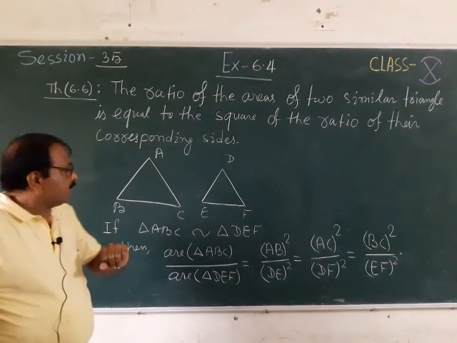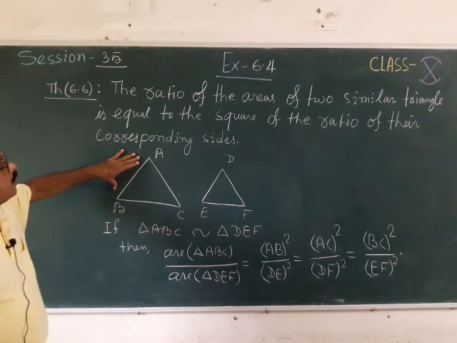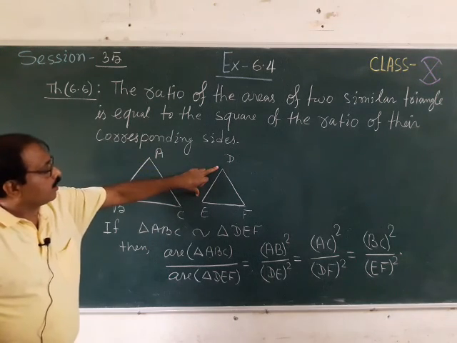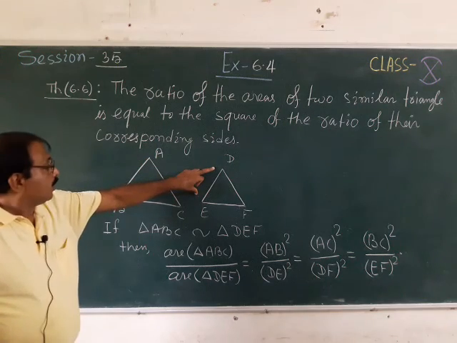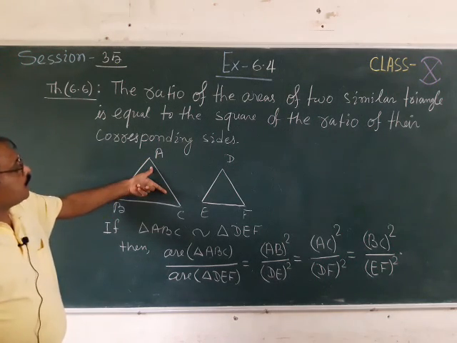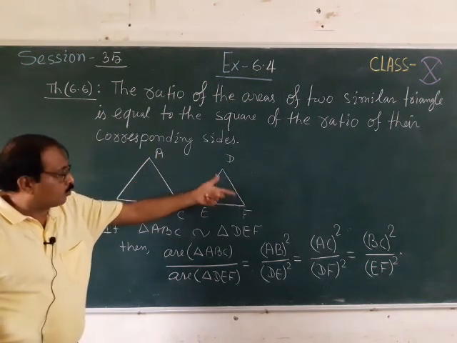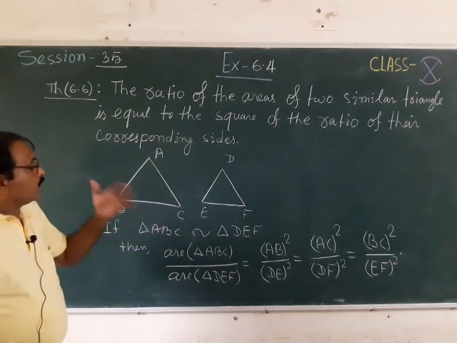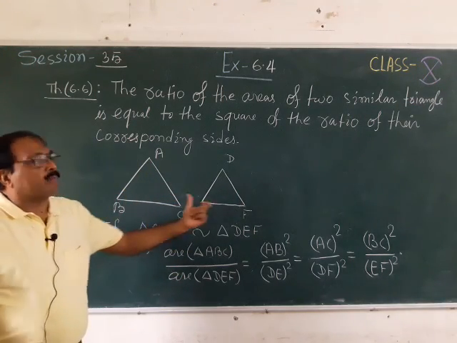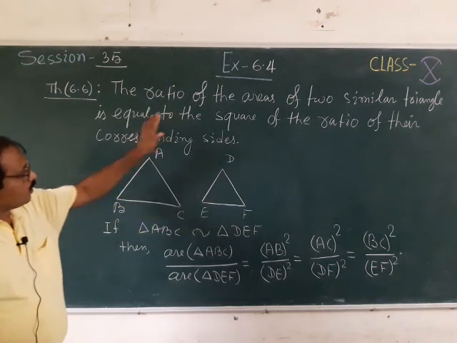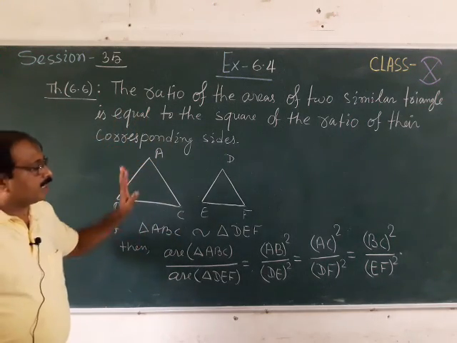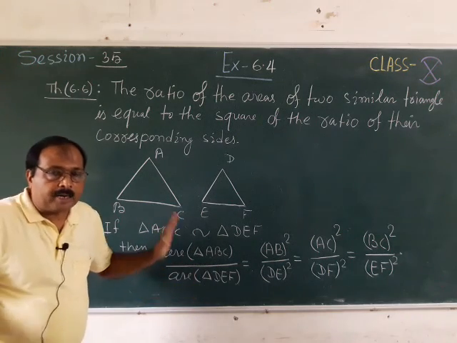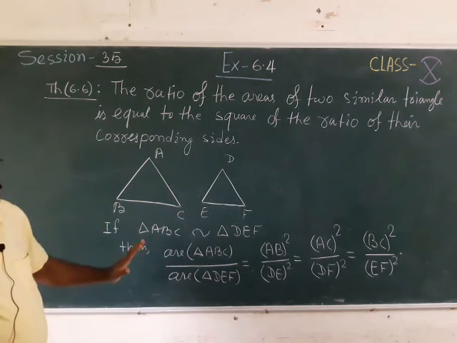So here you can see that side AB corresponds to side DE, and that means AB square upon DE square is always equal to AC square upon DF square, and equal to BC square upon EF square.